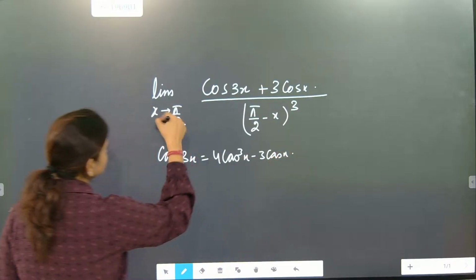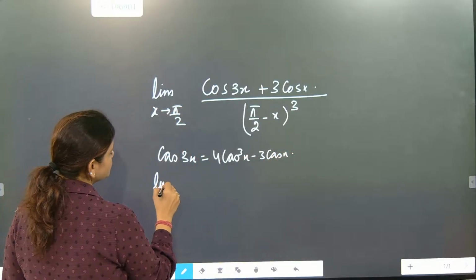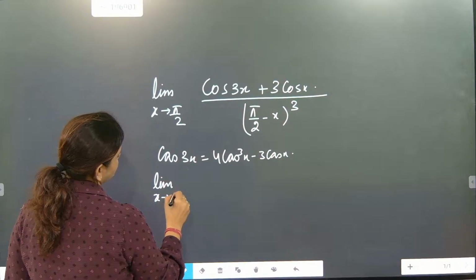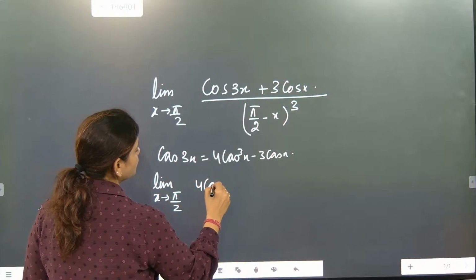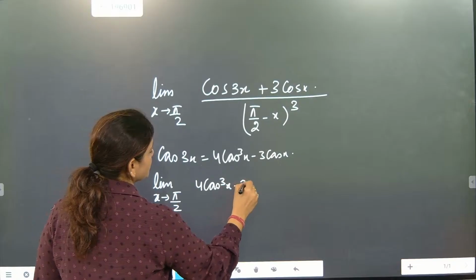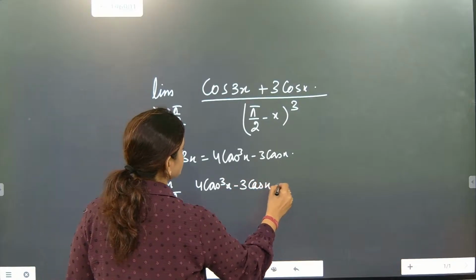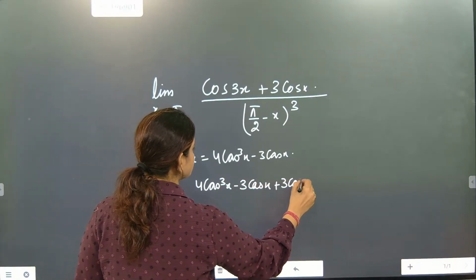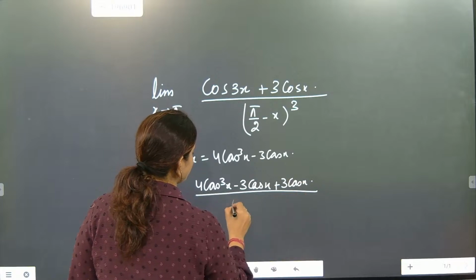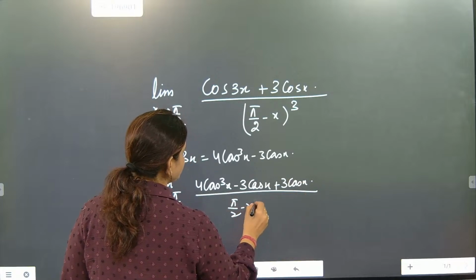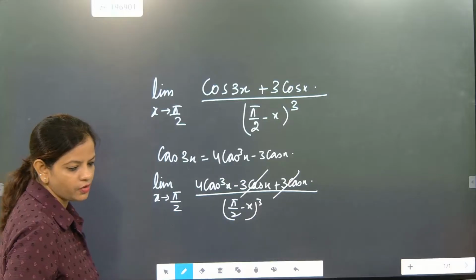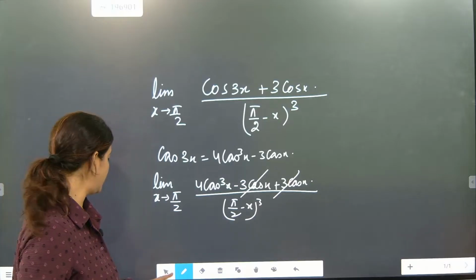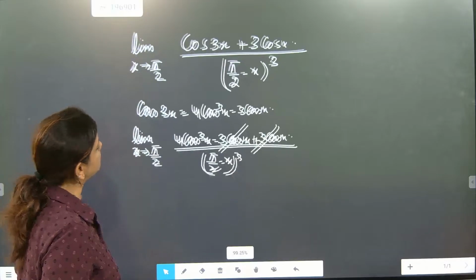Once you write it here, first to remove this one, limit x tends to pi by 2, cos 3x will become 4 cos cube x minus 3 cos x plus 3 cos x by pi by 2 minus x whole cube. So this and this will get cancelled. I hope you might have understood. Okay, she's telling answer is 4.